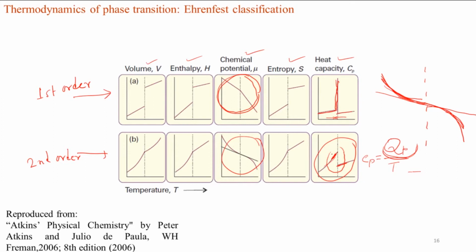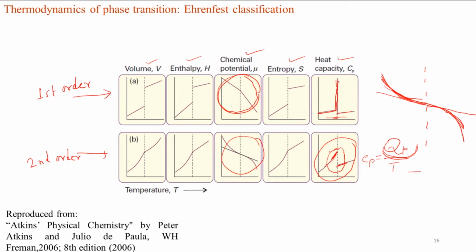But here, notice that the heat capacity is not going to infinity in this case. It is continuous in the first derivative, but the second derivative is discontinuous, so it is a second order phase transition.